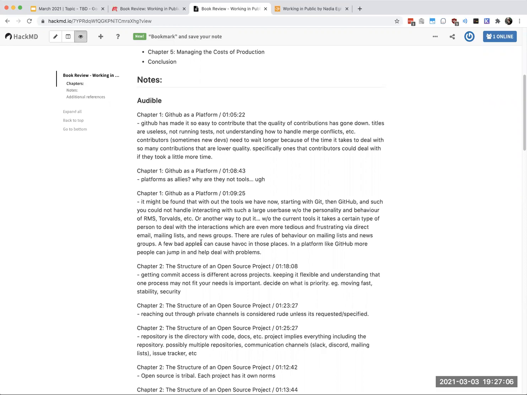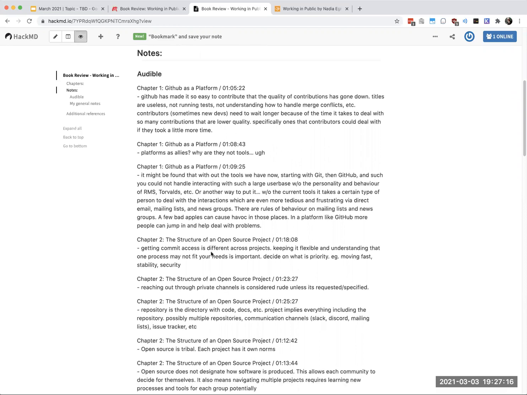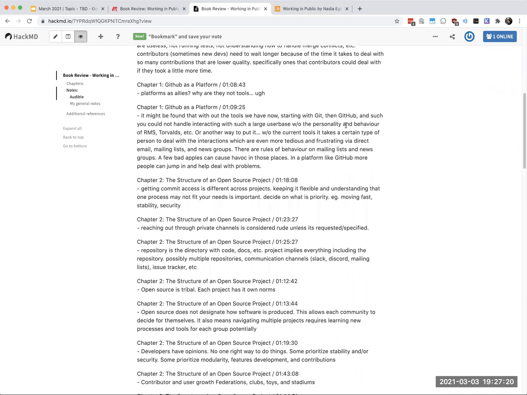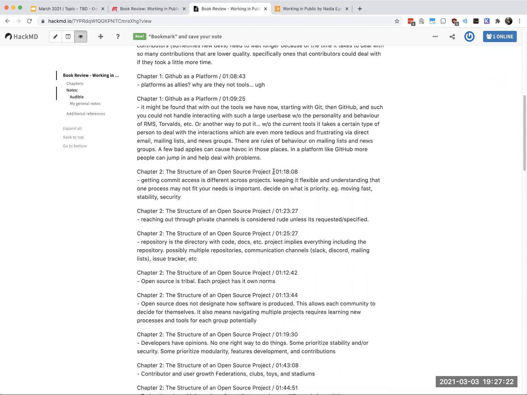So as that's happened, the number of contributors increases. So let's see, number of contributors and user bases.